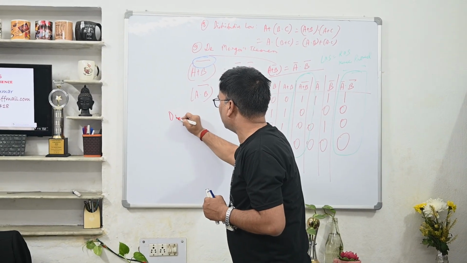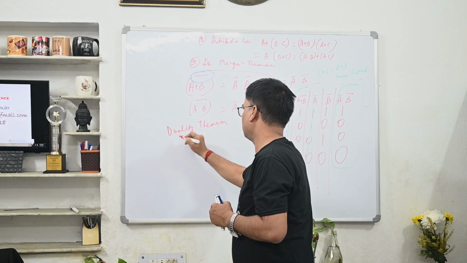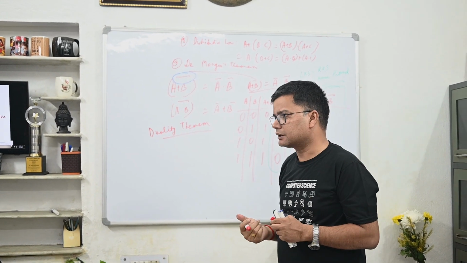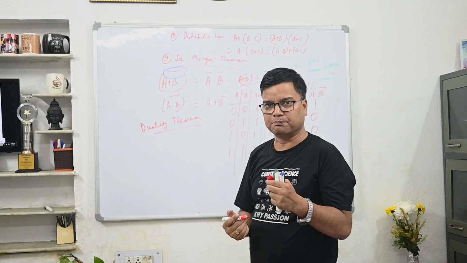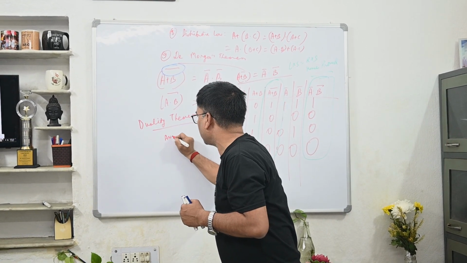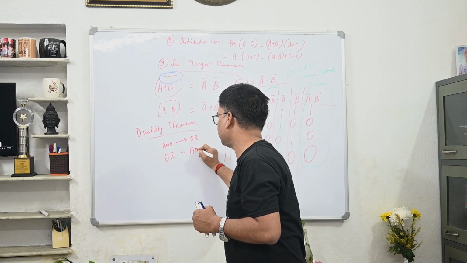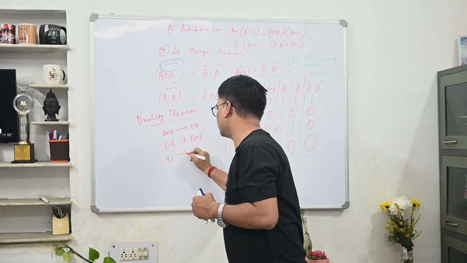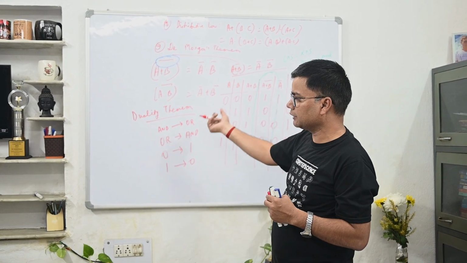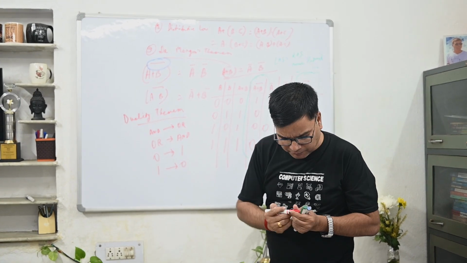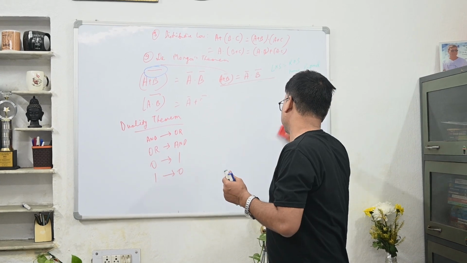Next we have the duality theorem. The duality theorem states that starting from one Boolean expression, we can obtain another Boolean expression by changing each AND to OR, each OR to AND, each 0 to 1 and each 1 to 0. Now let us see.